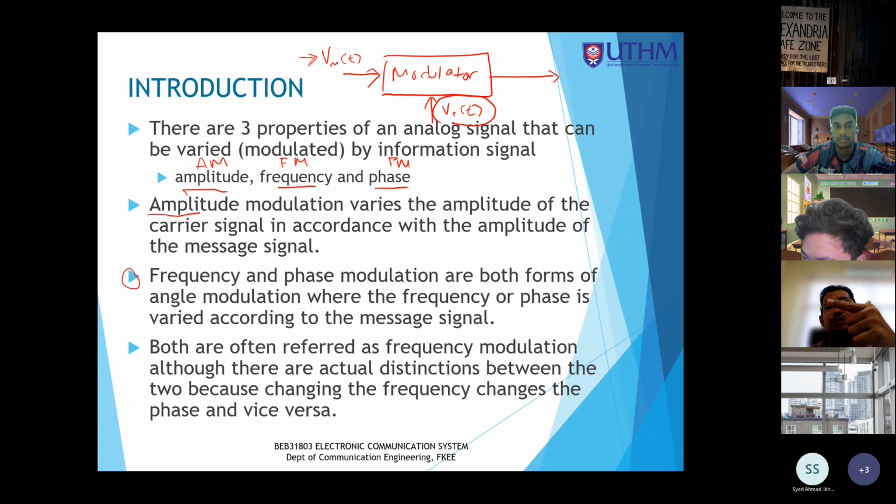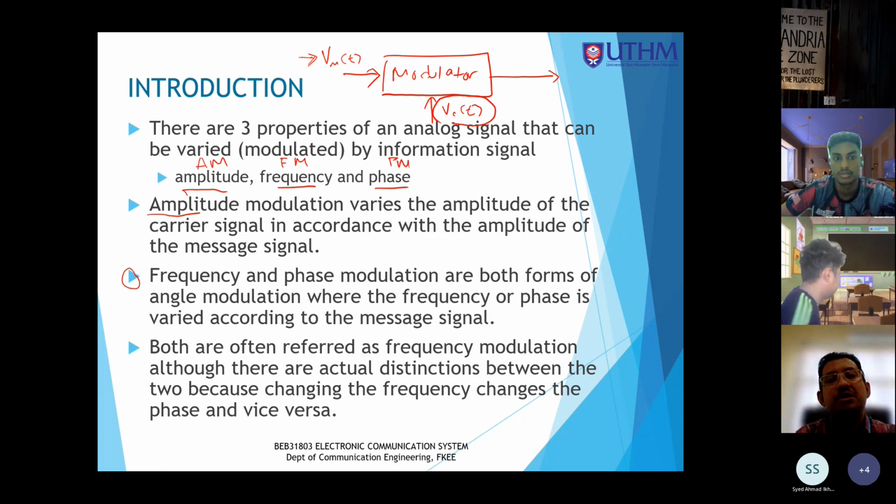Sama ada sifat amplitude, sifat frekuensi ataupun sifat fasa carrier akan berubah berkadaran dengan perubahan amplitude input. Okay, so nanti you akan lihat juga bahawa modulation ini sebenarnya boleh juga melibatkan banyak input.